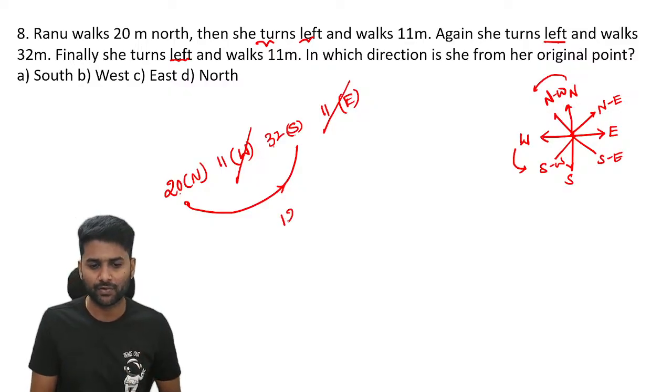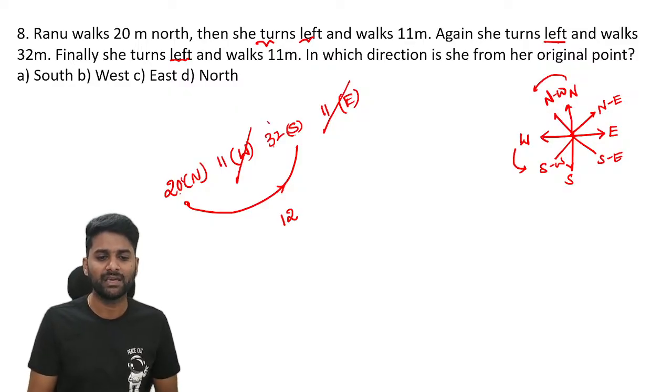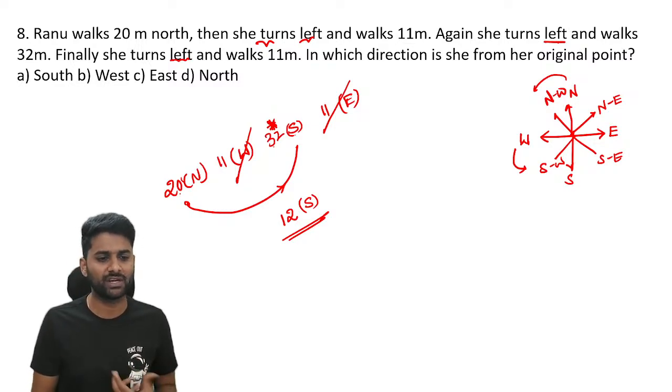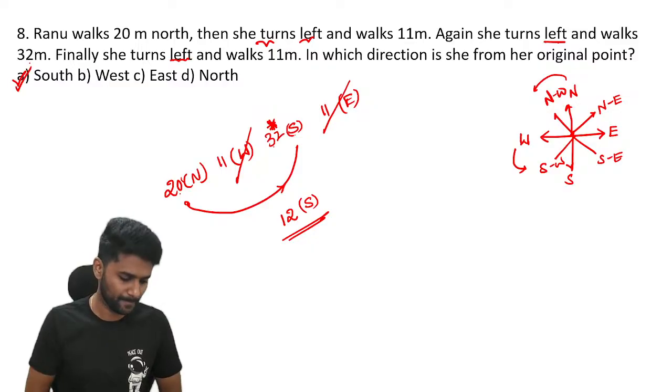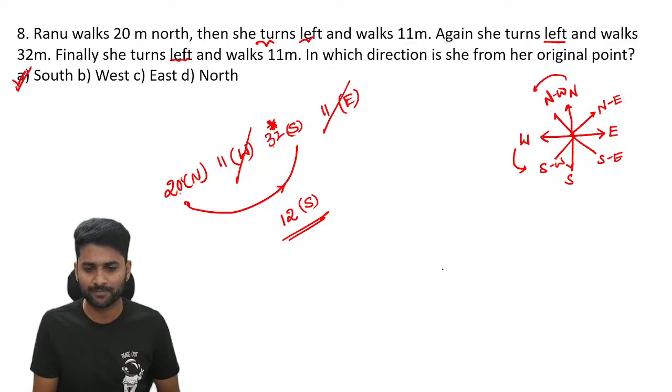So the difference of those values is 12. And we have to consider the direction. Among these two numbers, the highest number indicates the direction. So from the initial point, that person is 12 meters south. But the question needs only direction. Answer is south.